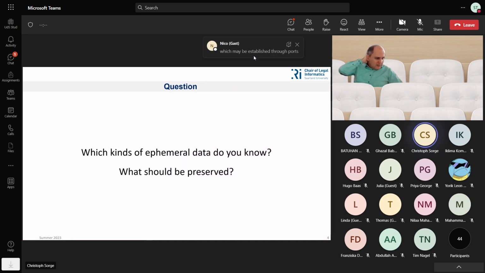Depends on what one wants to achieve. For example, in case of malicious software, might want to look for connections to known servers. Yep, looking for connections that are ongoing, which may be established through ports. Yeah, in the end, yes. So, but what's the meaning of an open port?